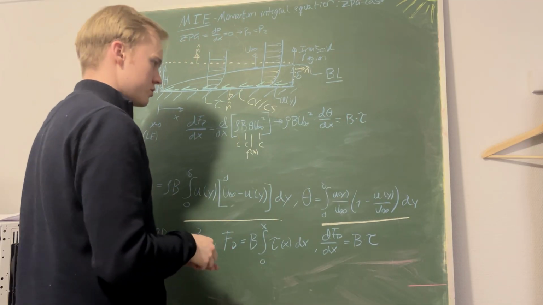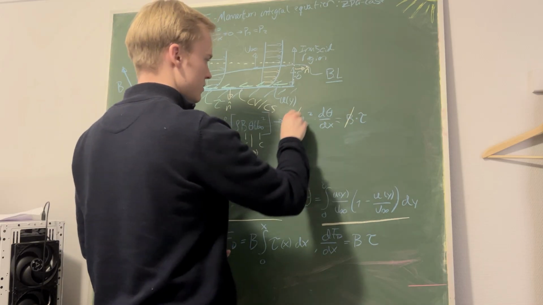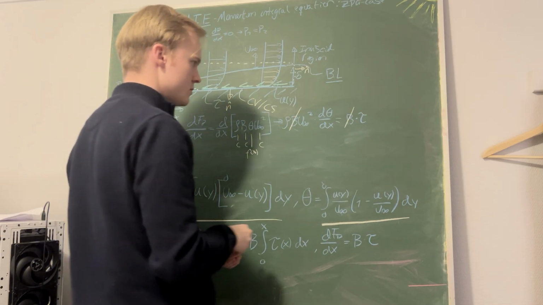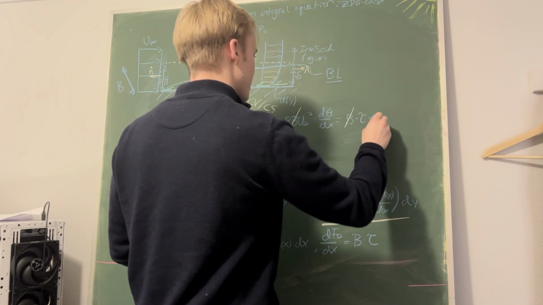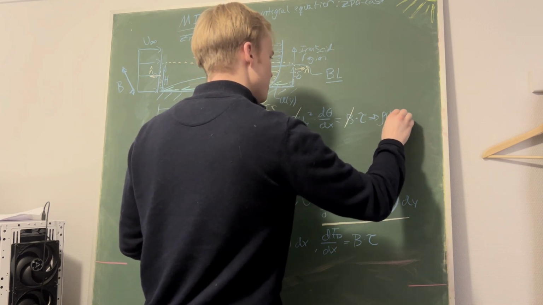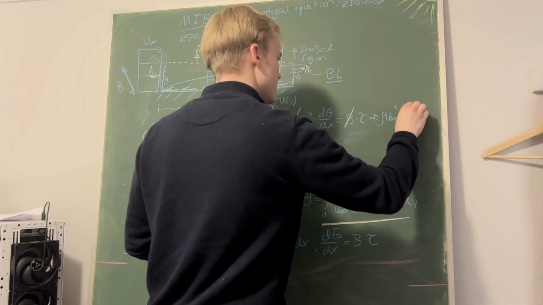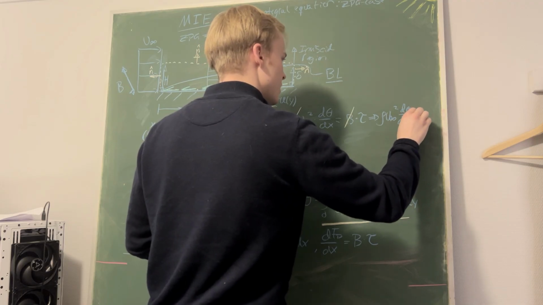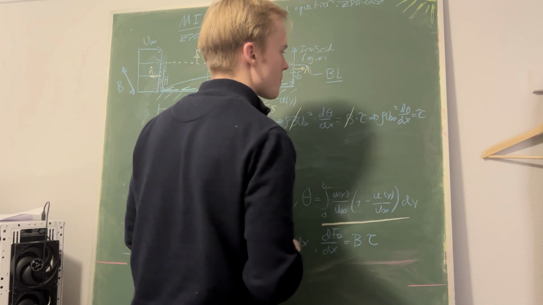And then we could simply cross out the b, and then we are left with rho u infinity squared d theta/dx is equal to tau. Okay.